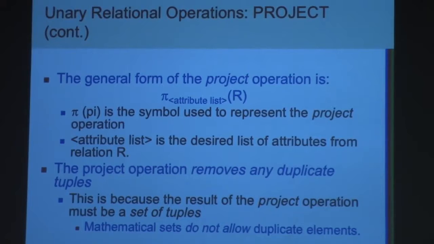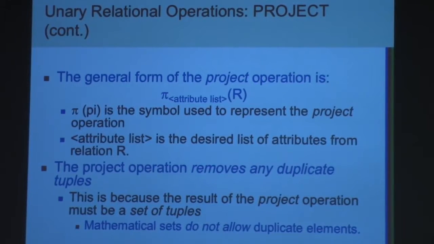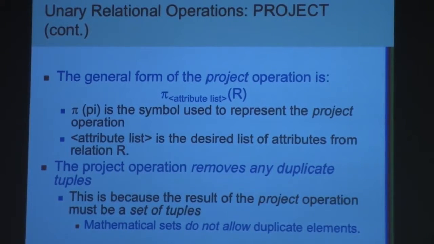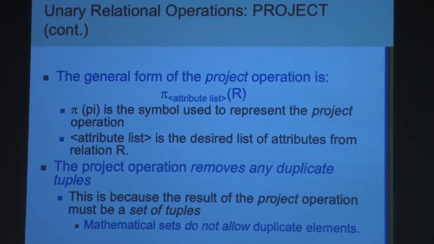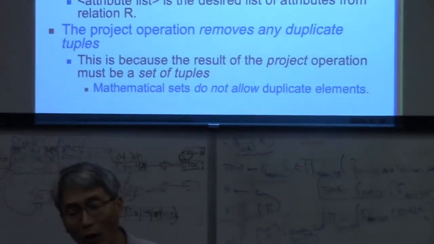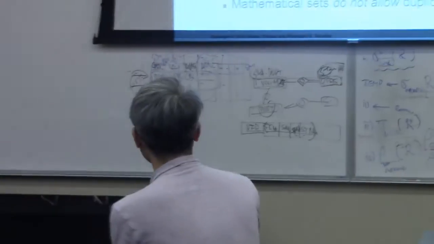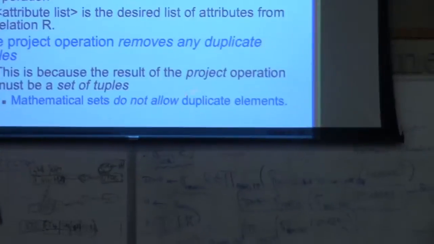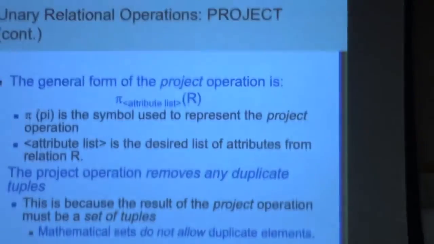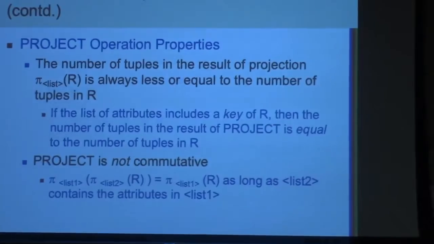Does a relation allow duplicate data or not? A relation should have a primary key, right? That's true. And does a primary key allow duplicates? It does not, which means a relation should not allow any duplicate data. So relational operations do not allow any duplicate data.